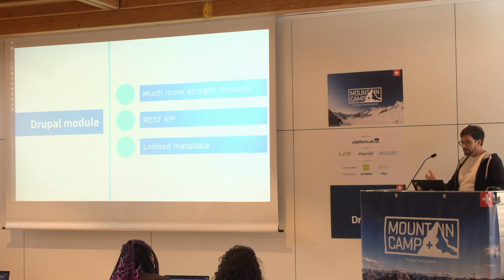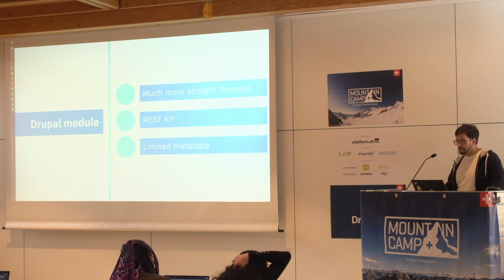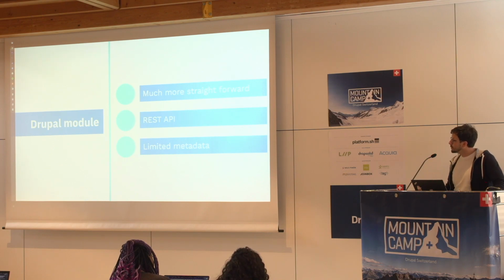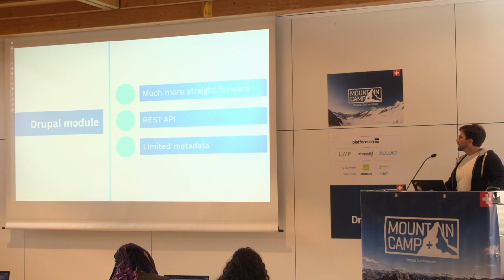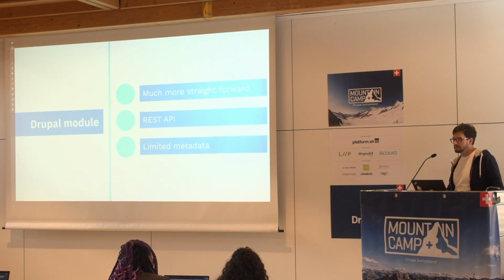The Drupal integration is less complex than Bynder in terms of the search widget, but there is more logic in the widget itself, because we need to build a UI for that. They offer a REST API, very simple, basic one, but one limitation is that it offers limited metadata.